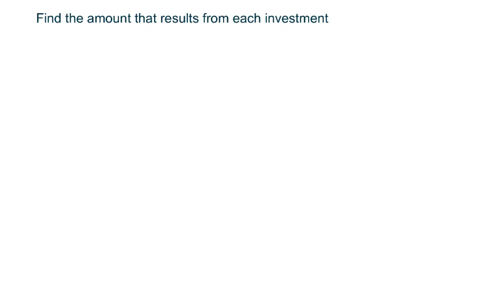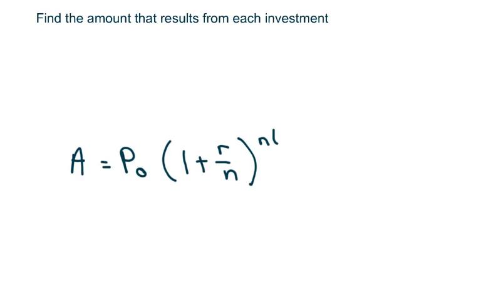Hey everyone, we're going to do application problems involving a compound interest formula, which is A equals P times 1 plus R over N to the N times T power. Now A means your new amount.